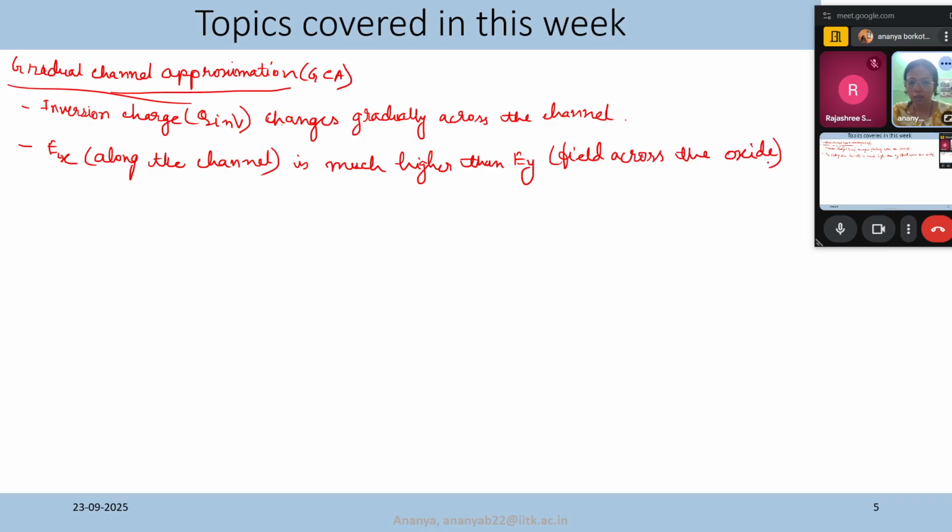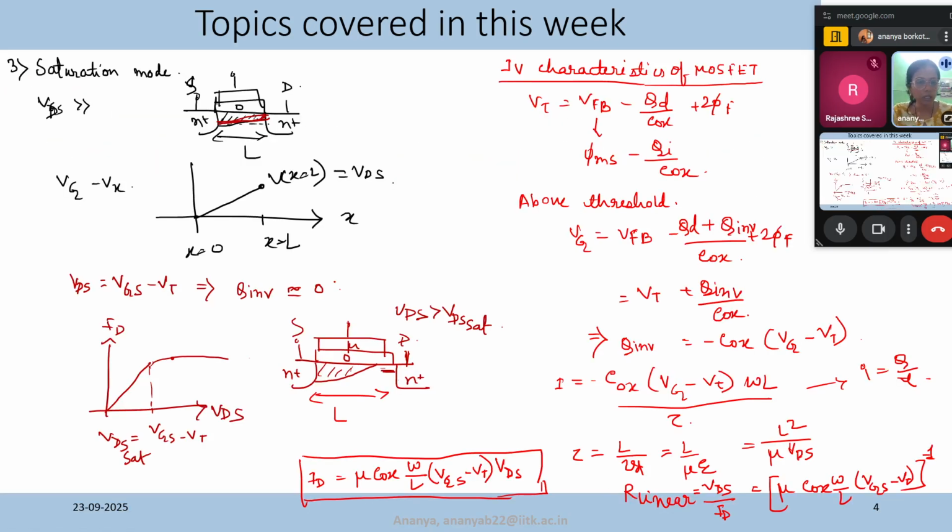What it means is that in our device there are two electric fields. One is due to VDS, whatever VDS we are applying, which is in the X direction, which is our EX. There is one electric field in the vertical direction as well, because we are applying some gate voltage.